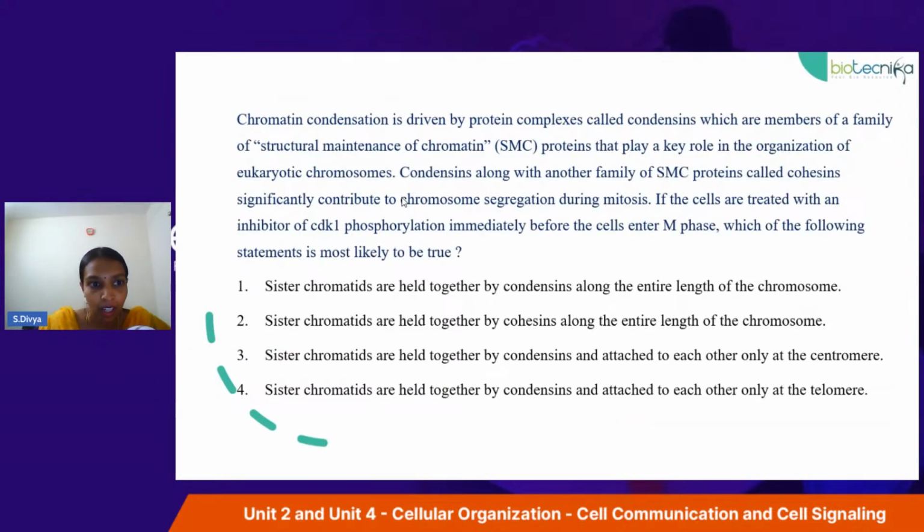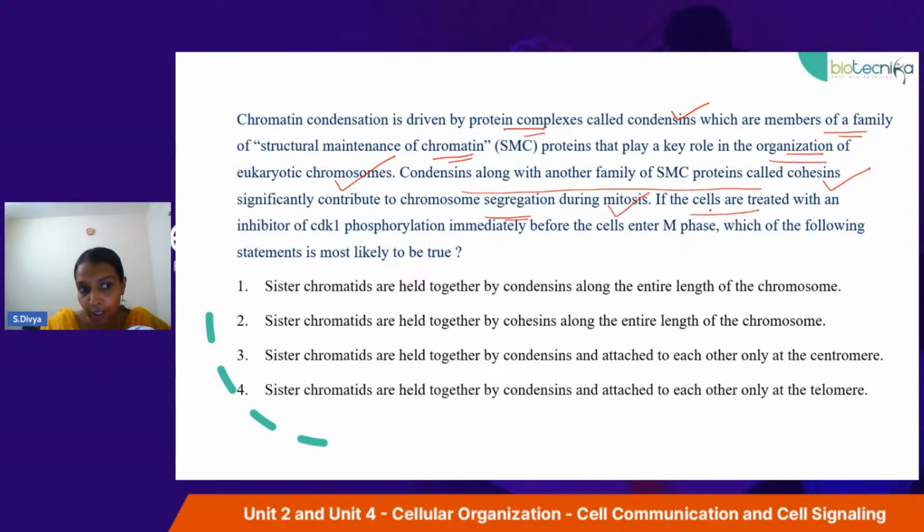Next. Chromatin condensation is driven by protein complexes called condensins, which are members of a family of structural maintenance of chromatin proteins. They play a key role in the organization of eukaryotic chromosomes. Condensins, along with another family of SMC proteins, cohesins, contribute to segregation during mitosis.